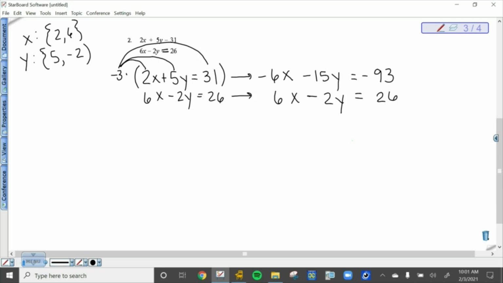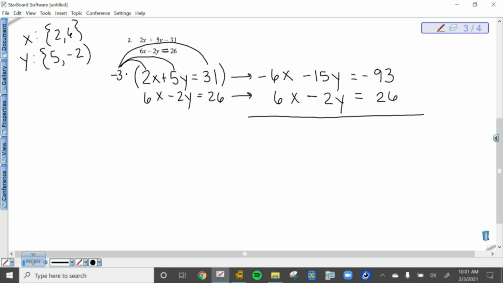So now we go on to step 2, where we add the two equations vertically. I've got it already set up like that. I draw my line, and I add one term or two terms at a time.